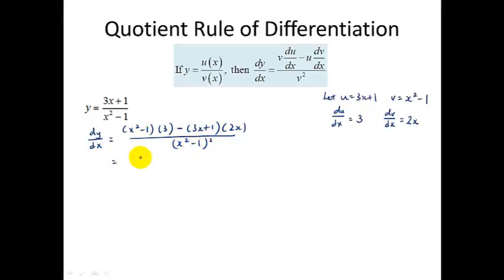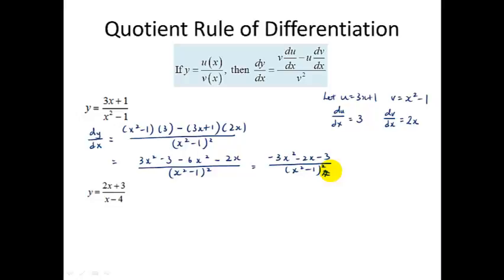Let's tidy up the terms. Open up brackets. Simplify. And this is my final answer.